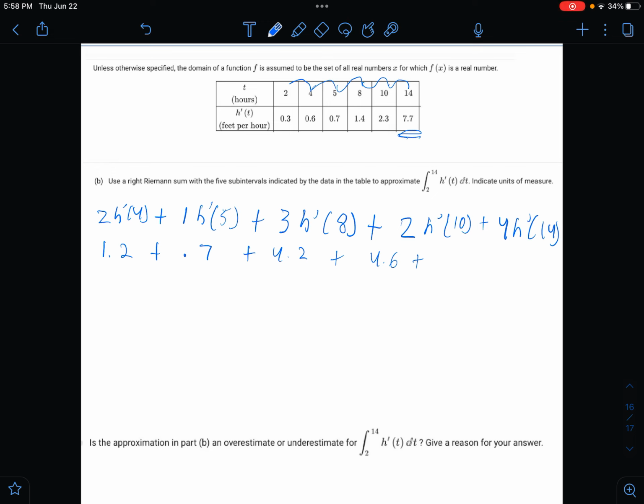So 4 times 7.7 is equal to 30.8. Right, now what does this equal? Let's add this up: 30.8 plus 4.6 plus 4.2 plus 0.7 plus 1.2. And we get our final answer of 41.5.